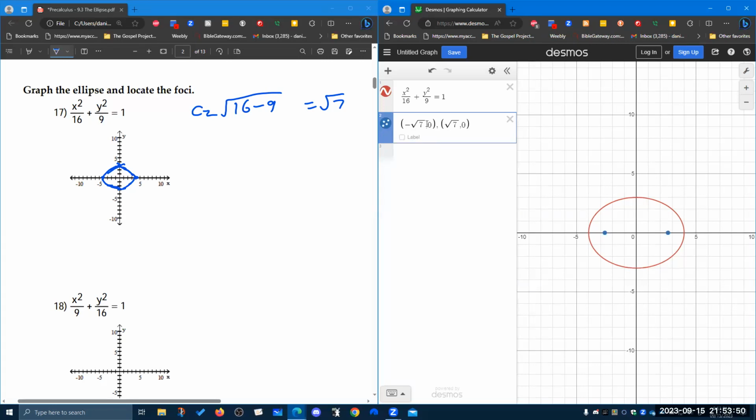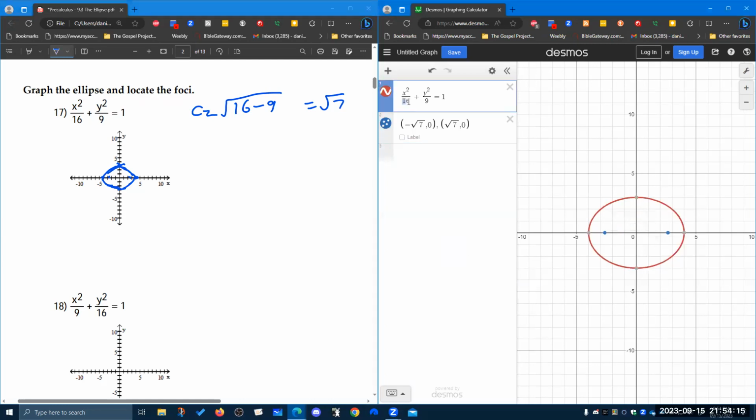There's my foci that are the blue dots there. And that's it. So we would put those at 2.6 something right about there, and -2.6 something right about there, and we'd be done.